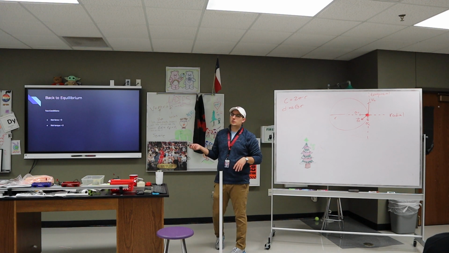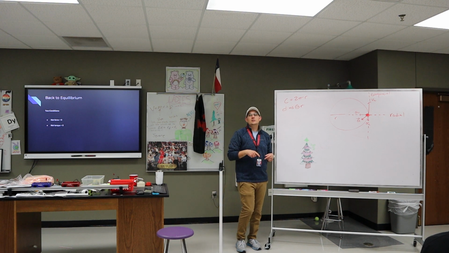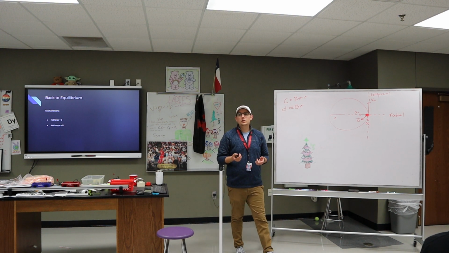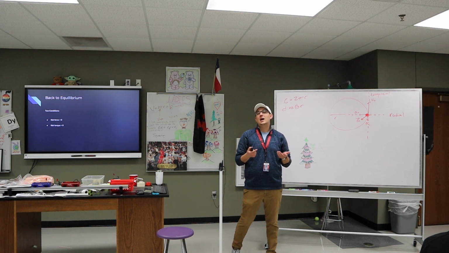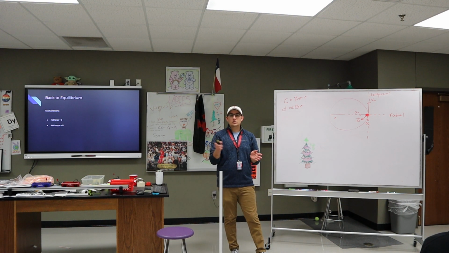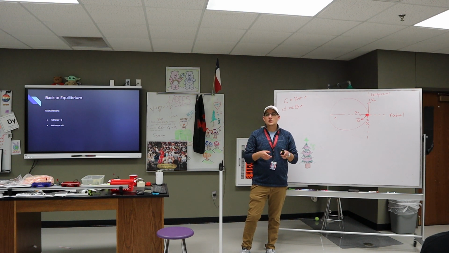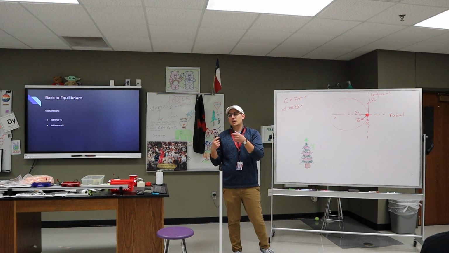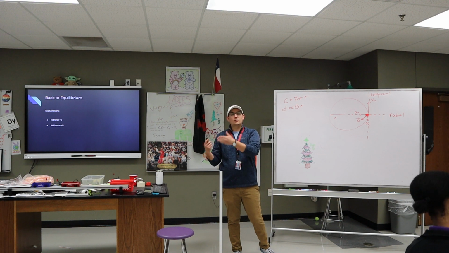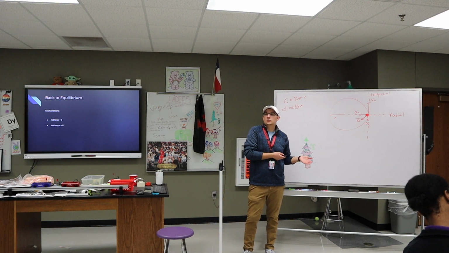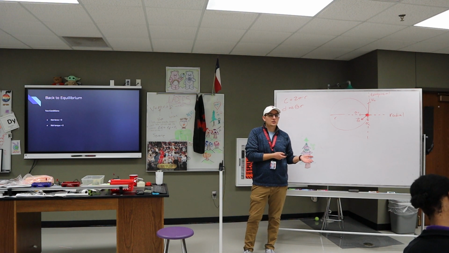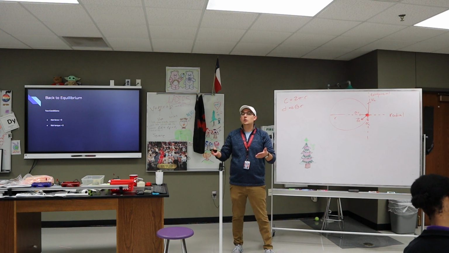So the first one is that net force is 0. The second one is that the net torque is 0. So when we look at equilibrium, basically the idea is I can't have a linear acceleration, nor can I have an angular acceleration, which means that I can't have a net force, and I can't have a net torque. Does that make sense? So those are the two conditions for equilibrium.